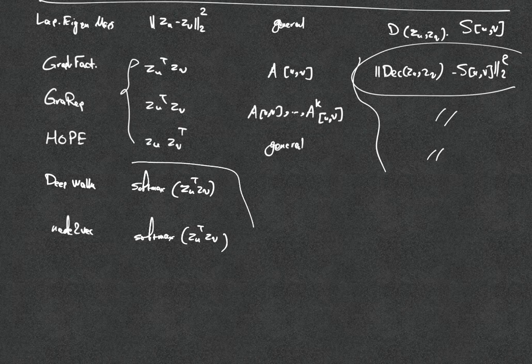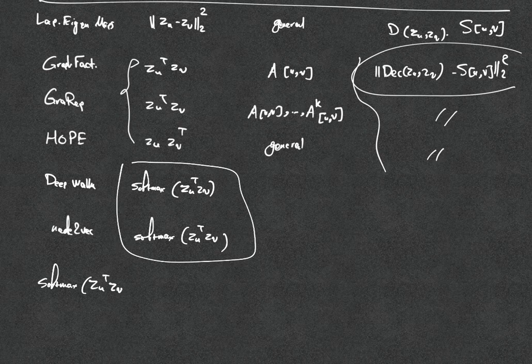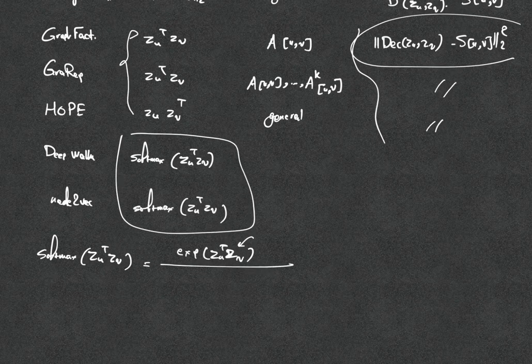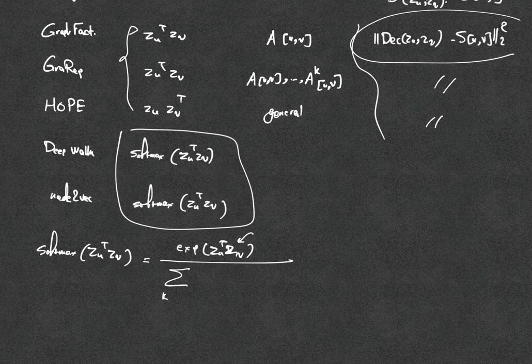So by softmax here, I mean that for DeepWalk, for example, the softmax of the inner product of z_u and z_v is going to be the exp of z_u transpose z_v, the exp of the similarity of these two, divided by the summation, over all of the nodes in the graph, of the exp of z_u and its similarity with them as well.